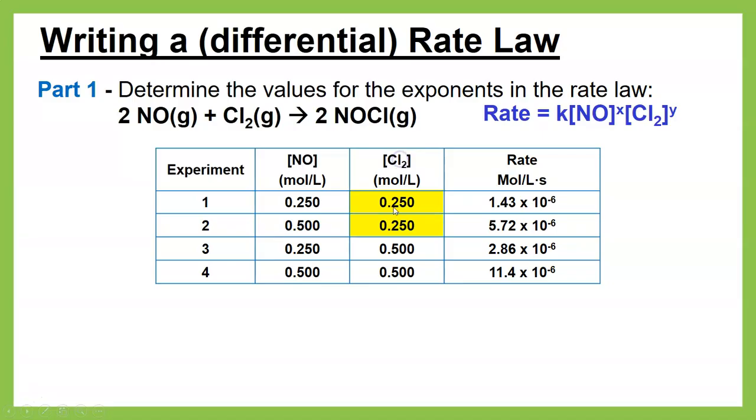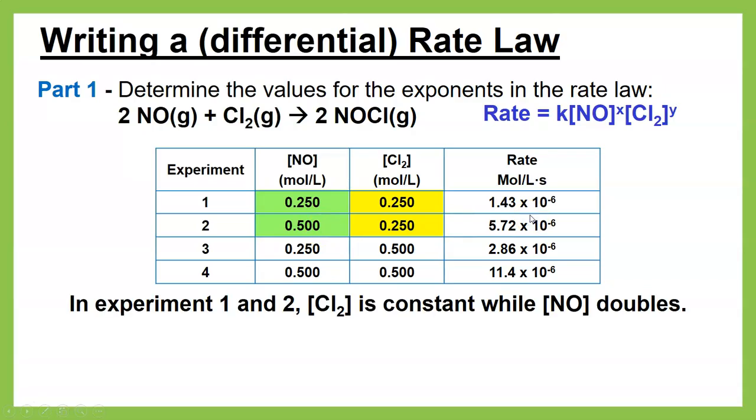So if I look here, this doesn't change. But what happens to the concentration? The concentration doubles. What happened to your rate? When you double the concentration of nitrogen monoxide while holding the other chemical, the chlorine, constant, you can see that your rate quadruples.